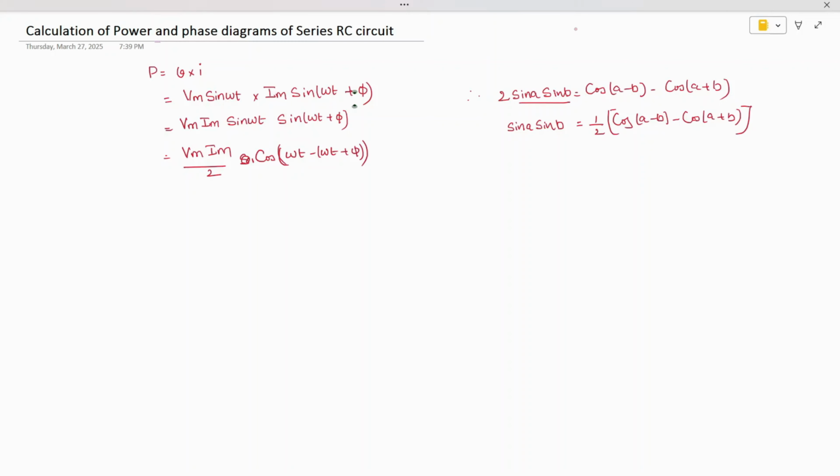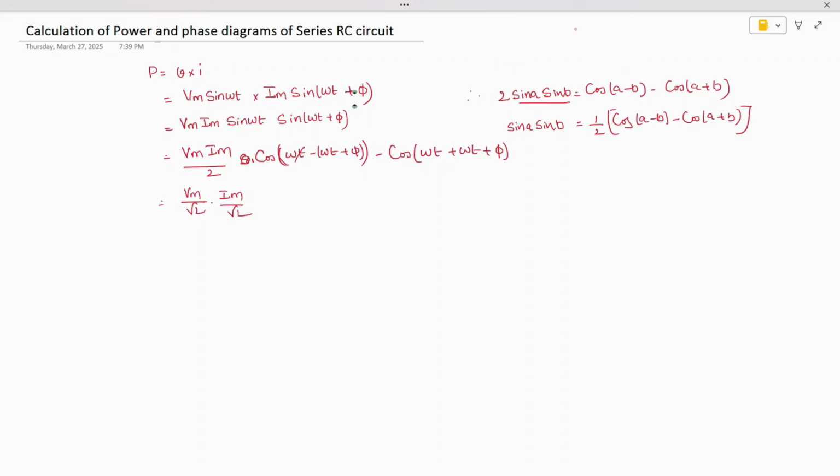minus cos of a plus b, omega t plus omega t plus phi. Okay, so when you are doing this, the 1 by 2 I can write as Vm by root 2, and this also I can write as Im by root 2.